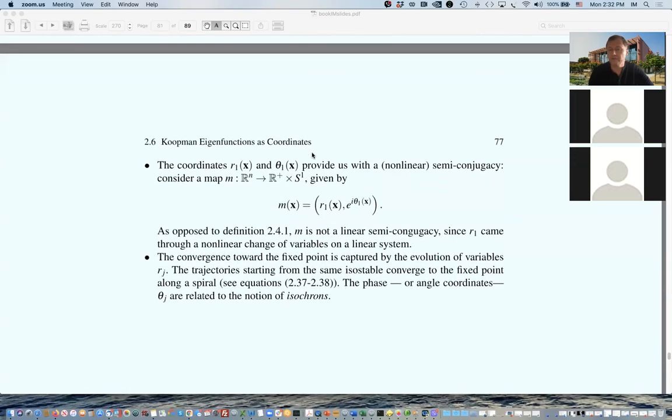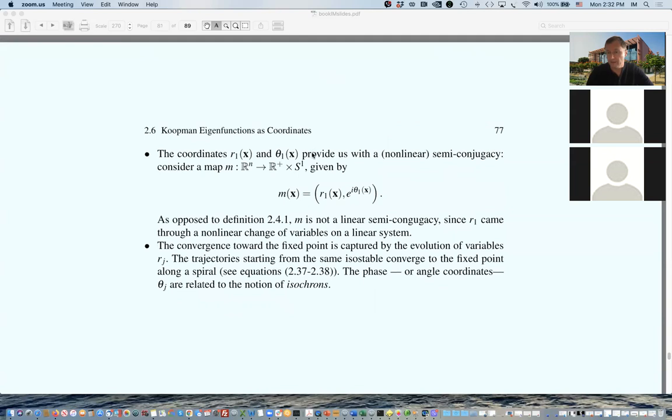So that's really a way of reducing our n-dimensional linear model to a simpler system, but this time the simpler system lives on a nonlinear object, while Rn is a linear vector space. R1 and theta1 live on a cylinder, and that's a nonlinear space.